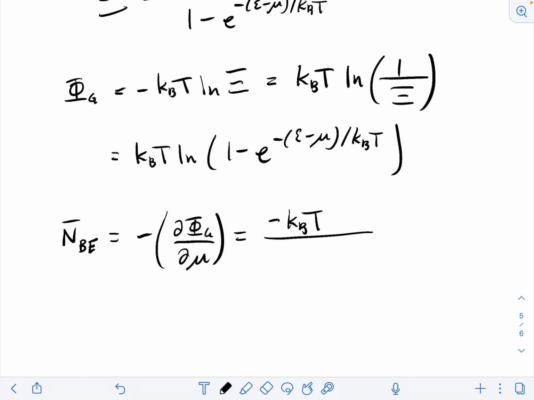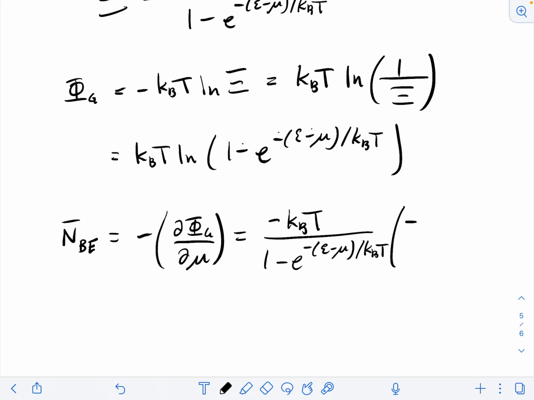So the ln gives us 1 minus e to the minus epsilon minus mu over kBT. And then we take the derivative of what's inside. We pick up, let's see, there's a 1, 2, 3 minus signs. So overall we get a negative.